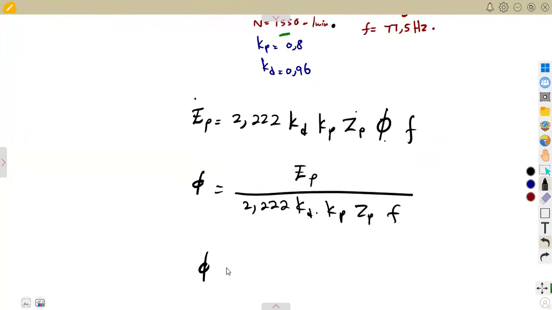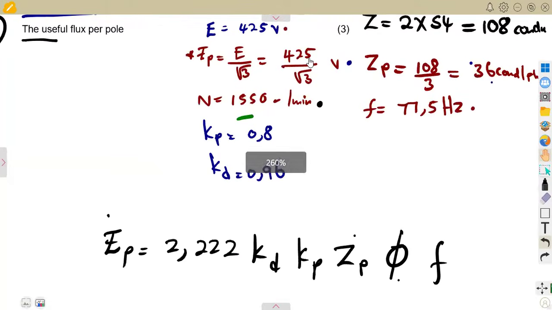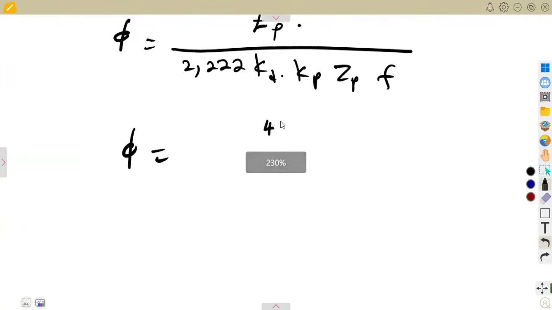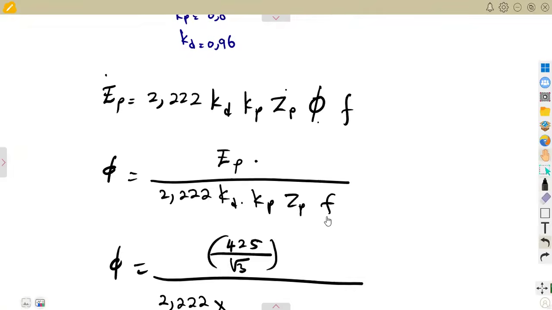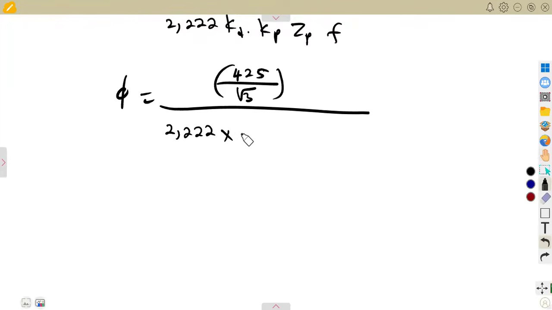All right, so the useful flux was going to be E taken per phase, which is 425 over square root of 3 from the line voltage that you're given. So there we have got the phase generated EMF over 2,22 times, remember, your distribution factor is given 0,96, KP 0,8. This time you're given this.